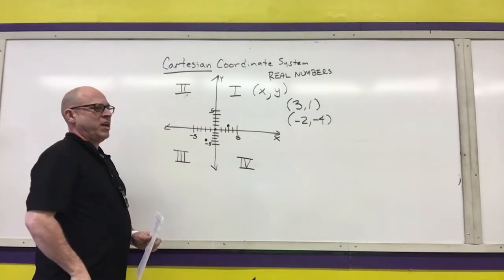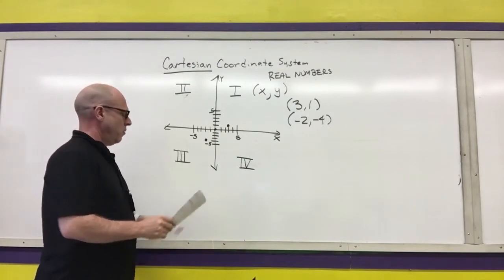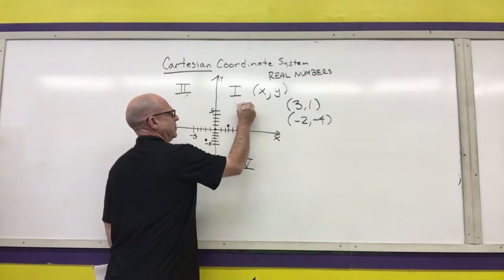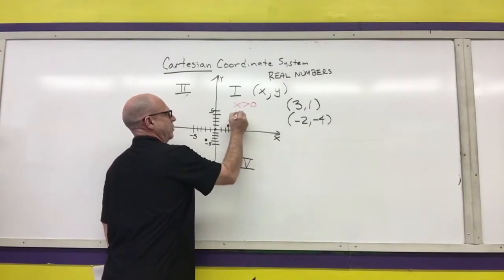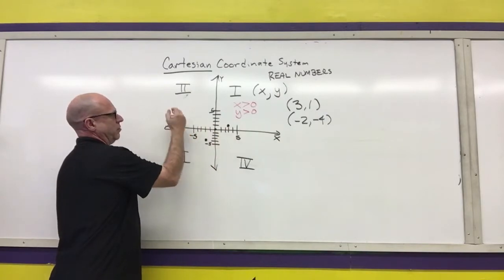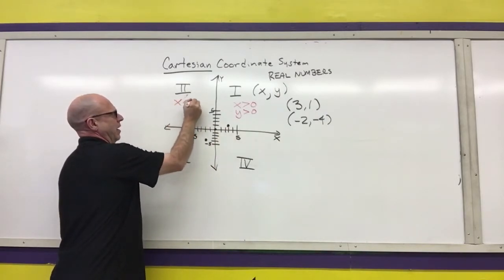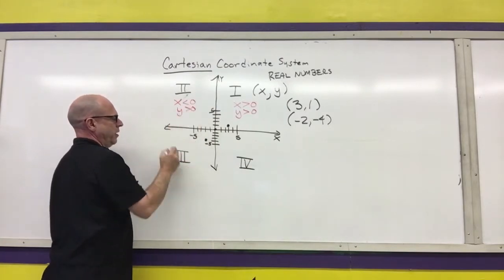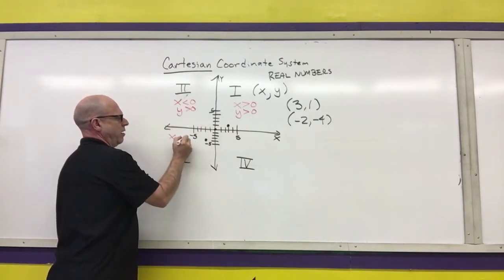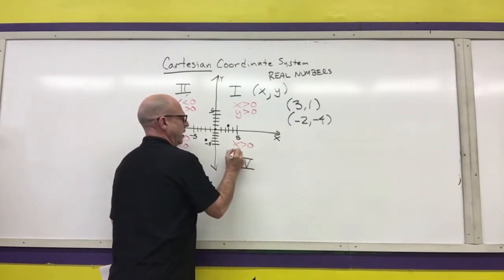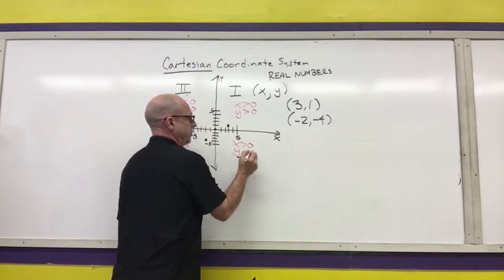If a point is in quadrant I, we know that its x value is positive and its y value is positive. If it's in quadrant II, the x value is negative and the y value is positive. Quadrant III, x and y are both negative. And in quadrant IV, x is positive and y is negative.